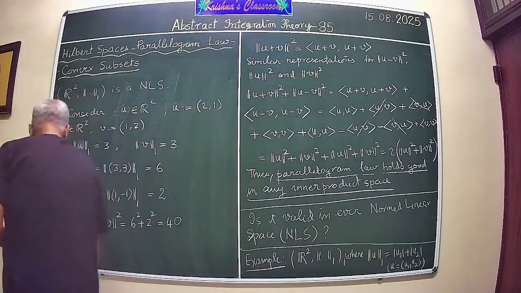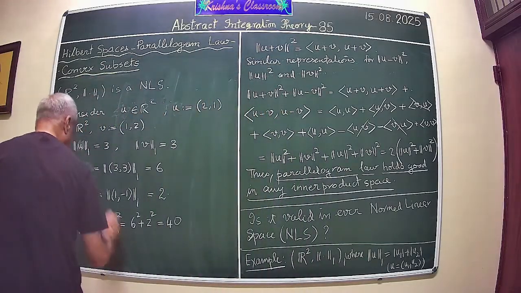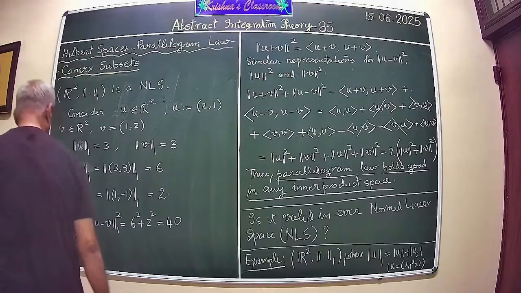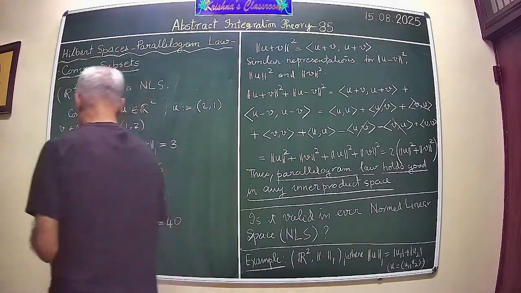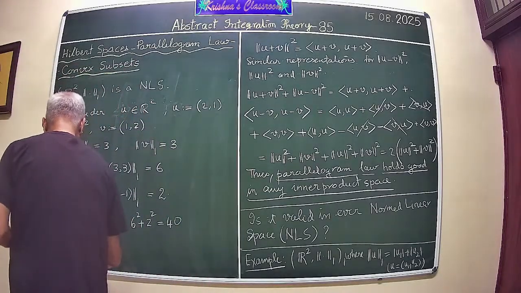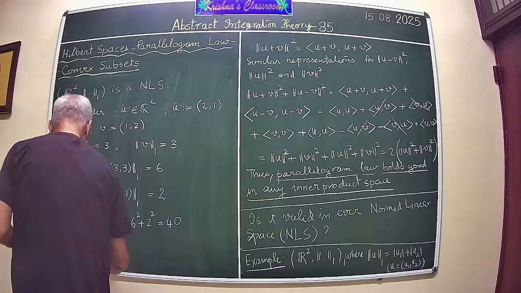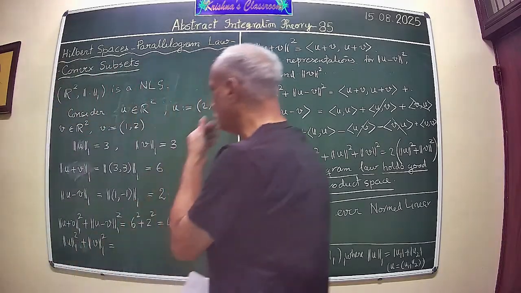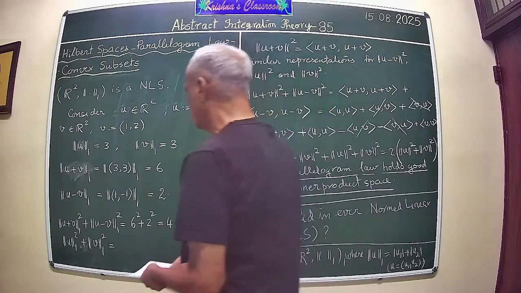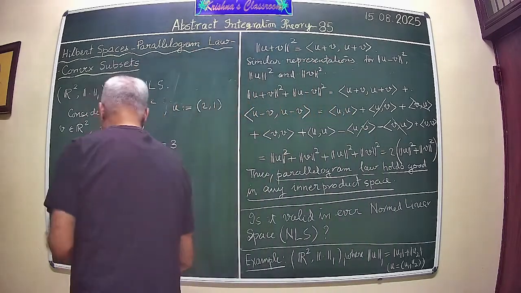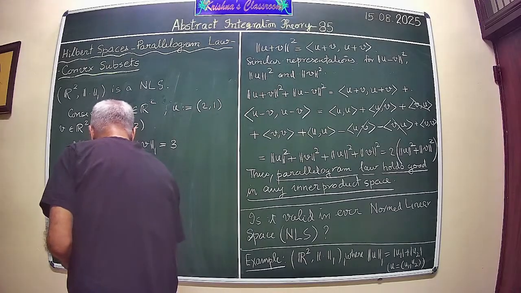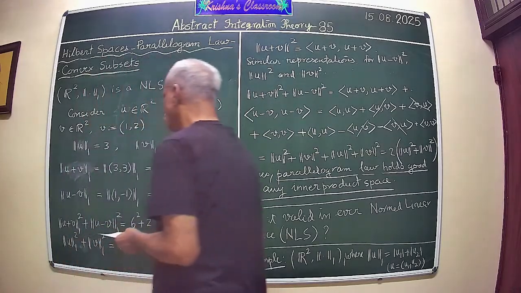Norm of u square, norm 1 of u square equal to 3 square, that is 9. Norm of v square is also 3 square, that is 18. Okay.